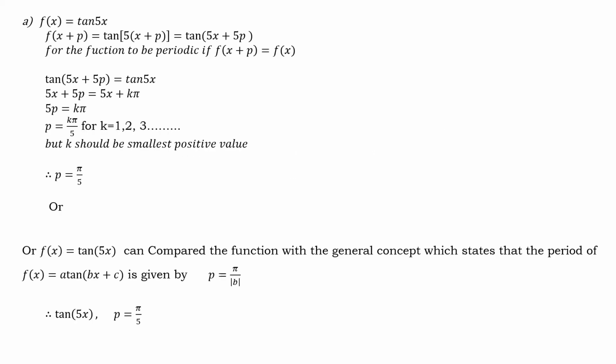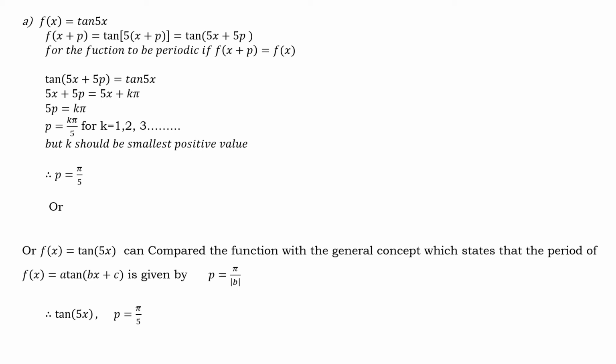The concept is valid also for tan, for cot, for sec. When we take an example here, tan 5x, when you find f of x plus p, we get tan of 5 bracket x plus p, because x plus p should replace x here, and it gives us 5x plus 5p.